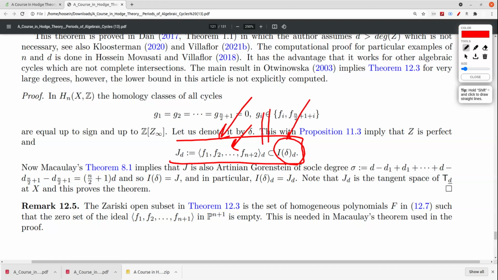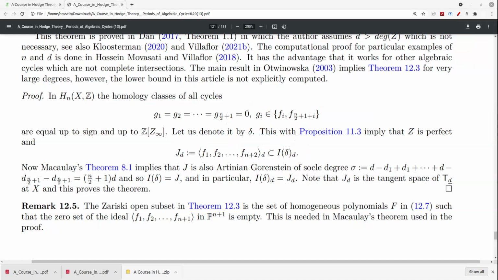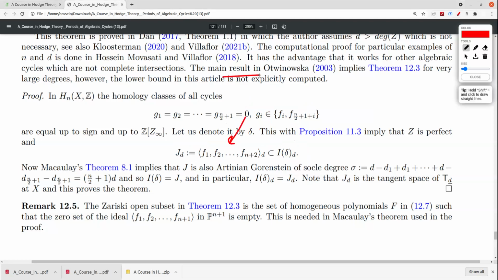And a simple calculation shows that actually this guy here is the tangent space of VZ at the point that we are doing computations.